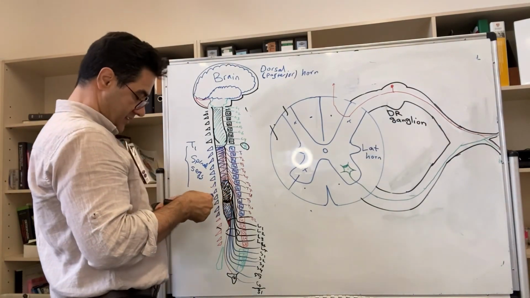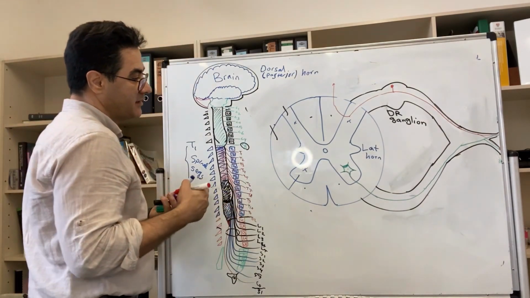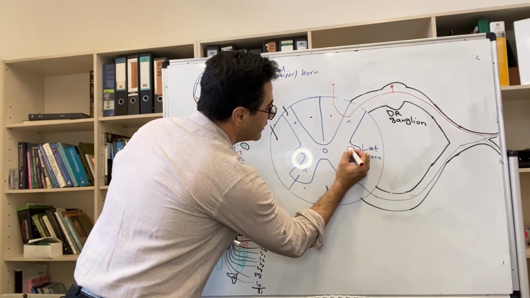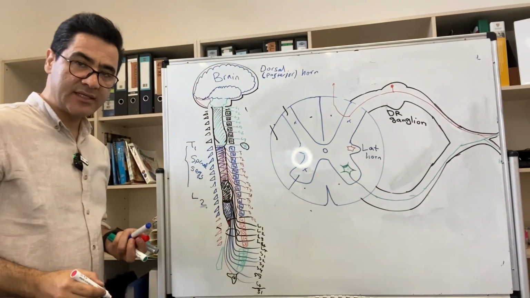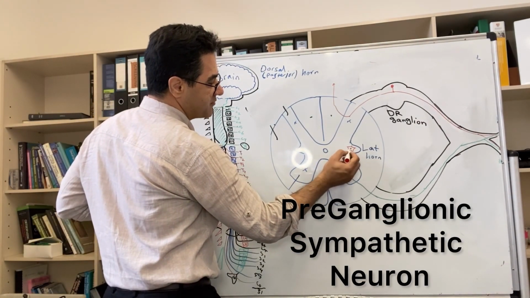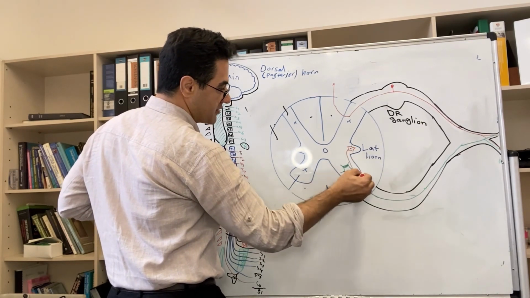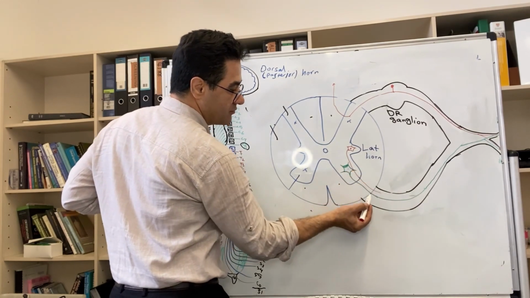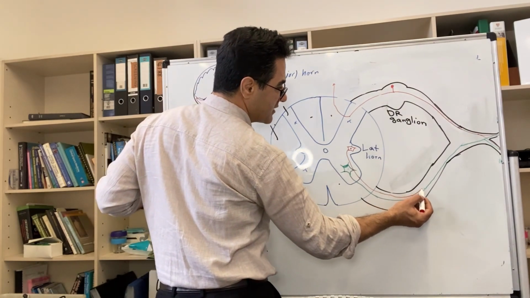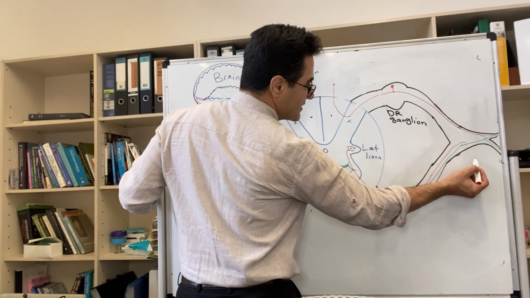What do we have in this horn? We have the cell body of the preganglionic sympathetic neurons. The axon of the preganglionic sympathetic neurons exits through the ventral horn, traveling alongside the motor axon, passing through this ventral root, and here it exits the spinal nerve.